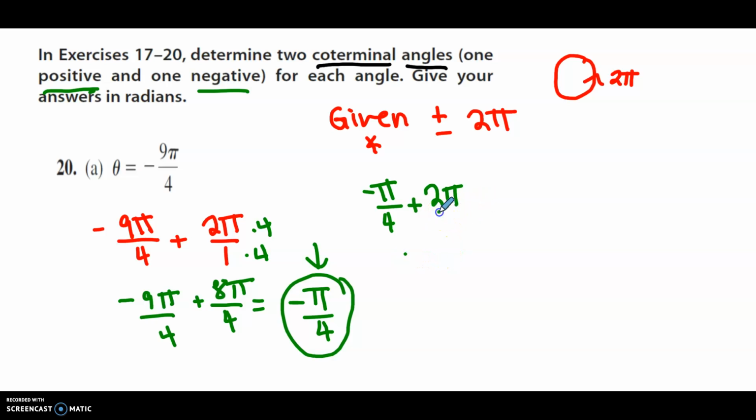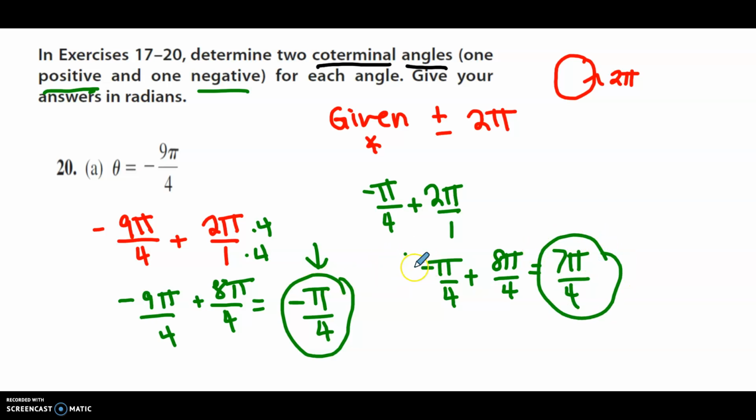So again, you need a common denominator of 4, so that's negative pi over 4 plus 8 pi over 4, and now I get a positive 7 pi over 4. So 7 pi over 4 and negative pi over 4 radians are coterminal angles to the given angle.